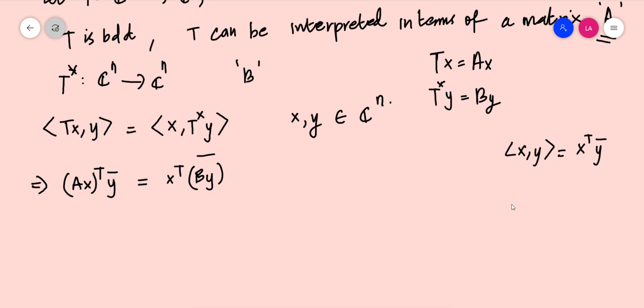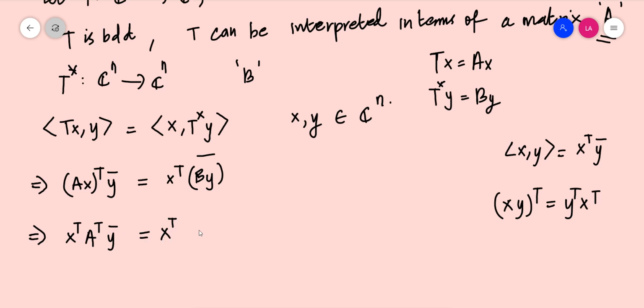Now we have xy the whole transpose equal to y transpose x transpose, and xy the whole conjugate is x conjugate y conjugate. So using this we can write x transpose A transpose y conjugate equal to x transpose B conjugate y conjugate.